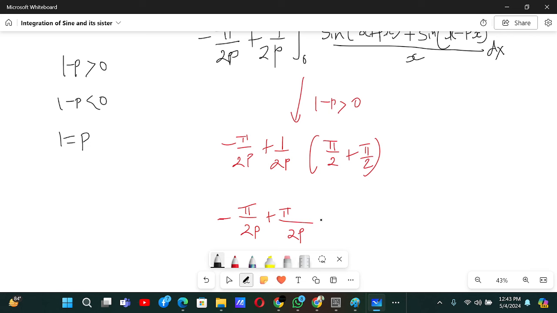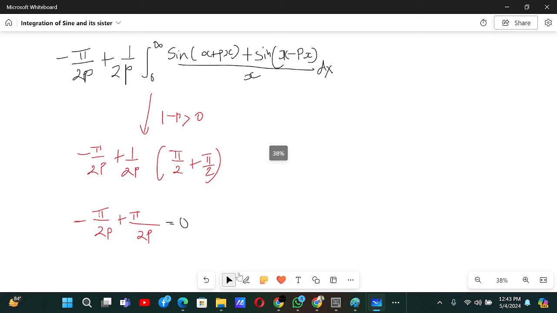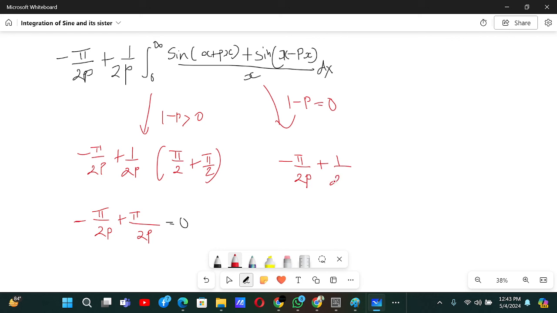Yes. Okay, next thing is what if 1 minus p is equal to 0? This will just be minus pi by 2p plus 1 by 2p. Now this is 0, so this is pi by 2, and so this is minus pi by 4p.